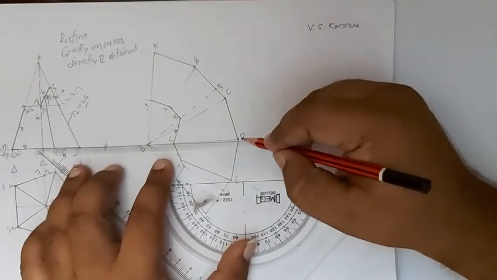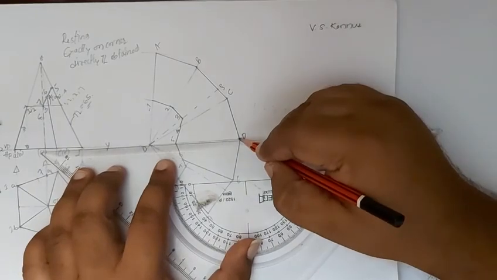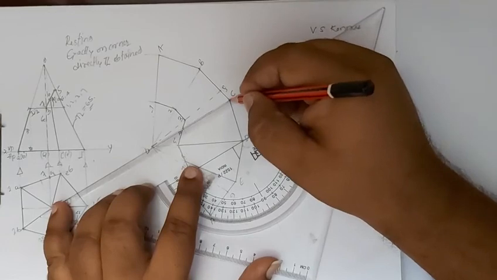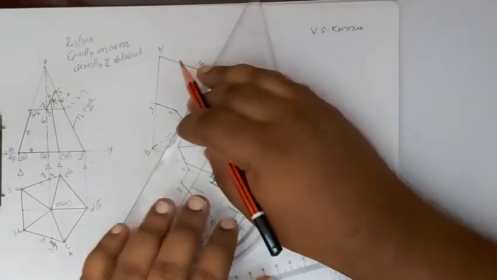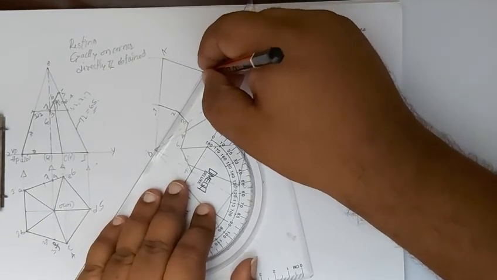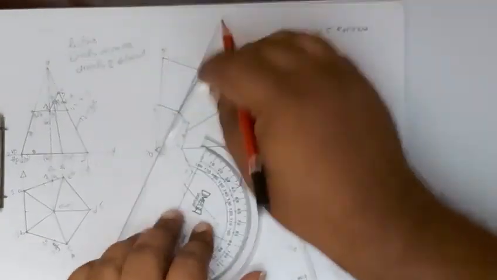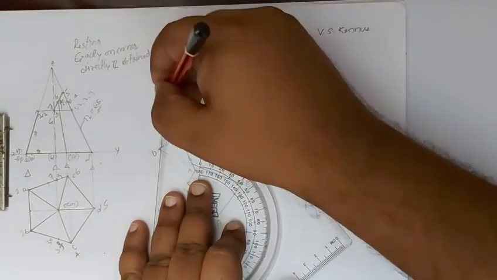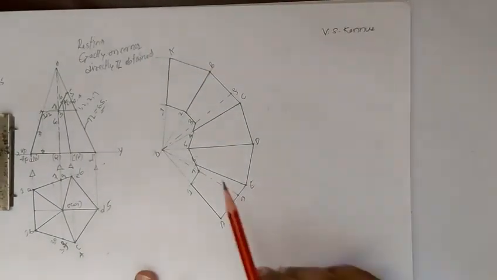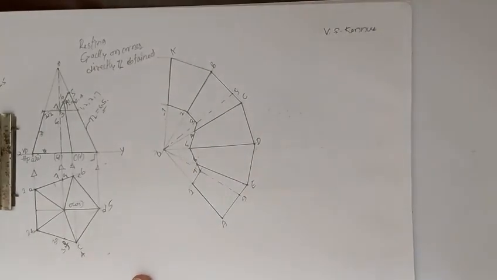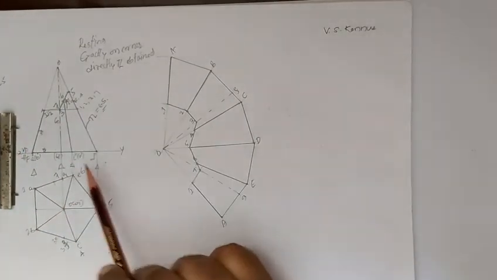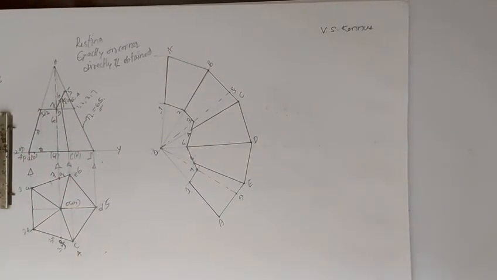Till D to 5, C to 4, then B to 2, 1 to A. Don't make these lines dark because these are the axis points. So this is the development of the given cut section.